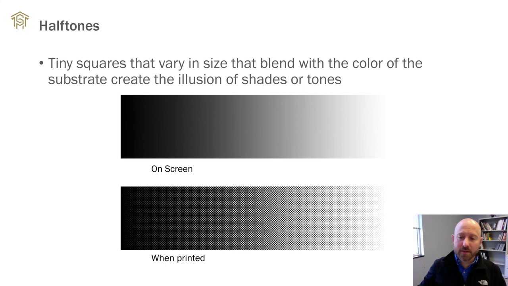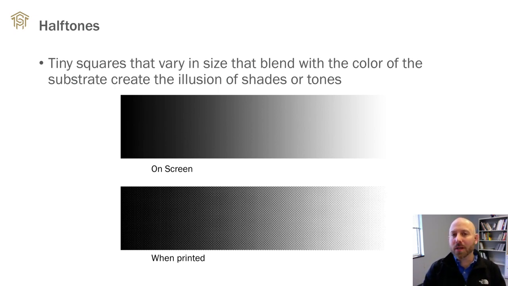So when we look at this gradation on screen, we see it go from black to gray and all the way down. A continuous tone like this, when we look at it on screen, it usually contains 256 different shades of gray. There's 256 different grays within that gradation.